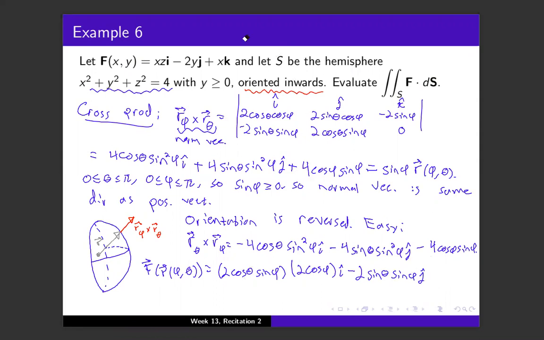Oh, sorry, minus 4, excuse me. Plus 4 cosine theta, oops, plus 2. Man, I'm on a roll today. 2 cosine theta sine phi. Okay.